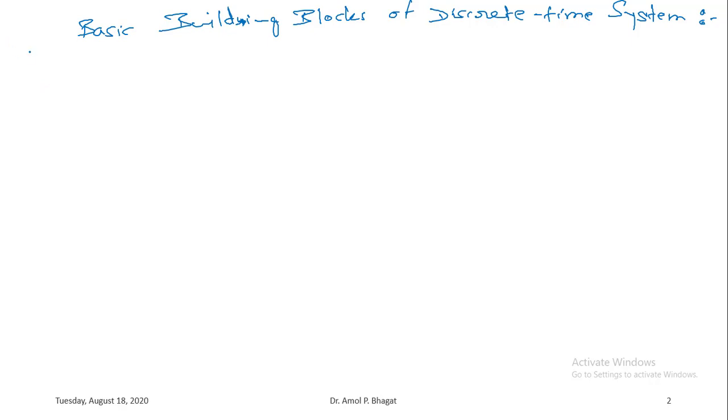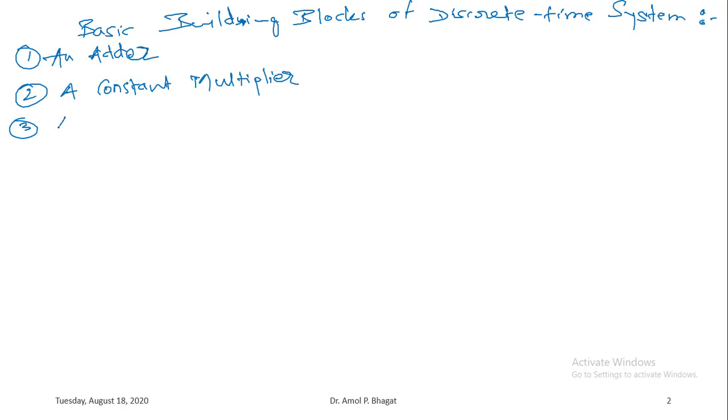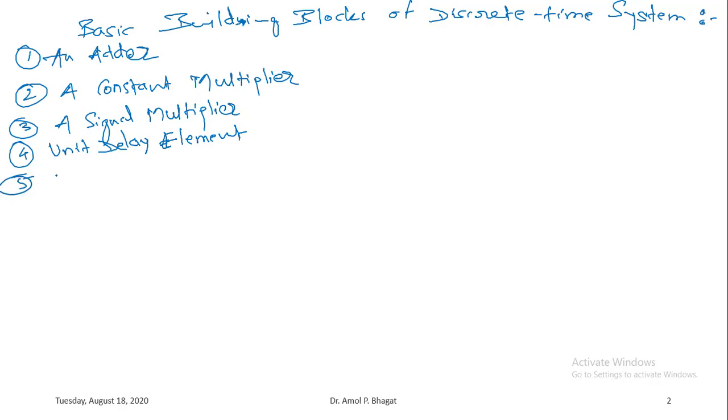The first one is an adder, second one is the constant multiplier, third one is a signal multiplier, next one is a unit delay element, and the next one is a unit advance element.